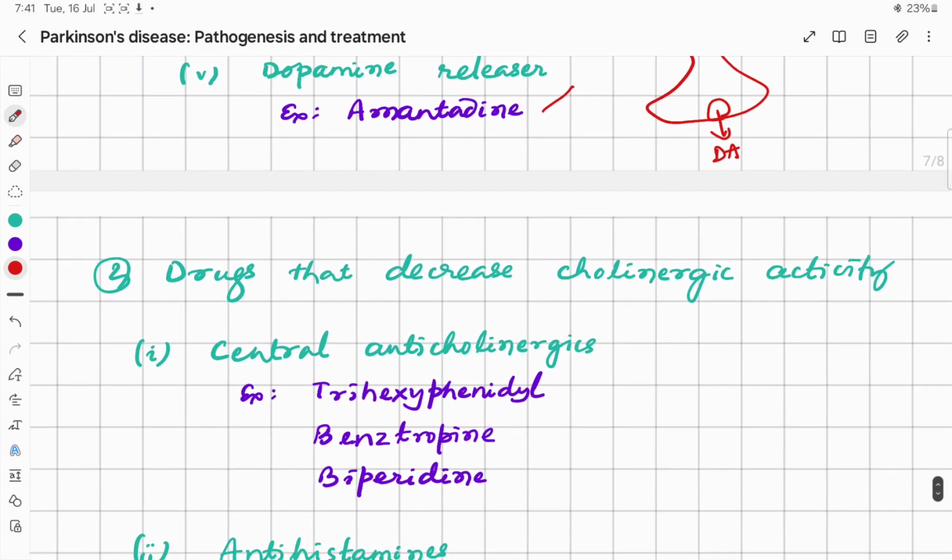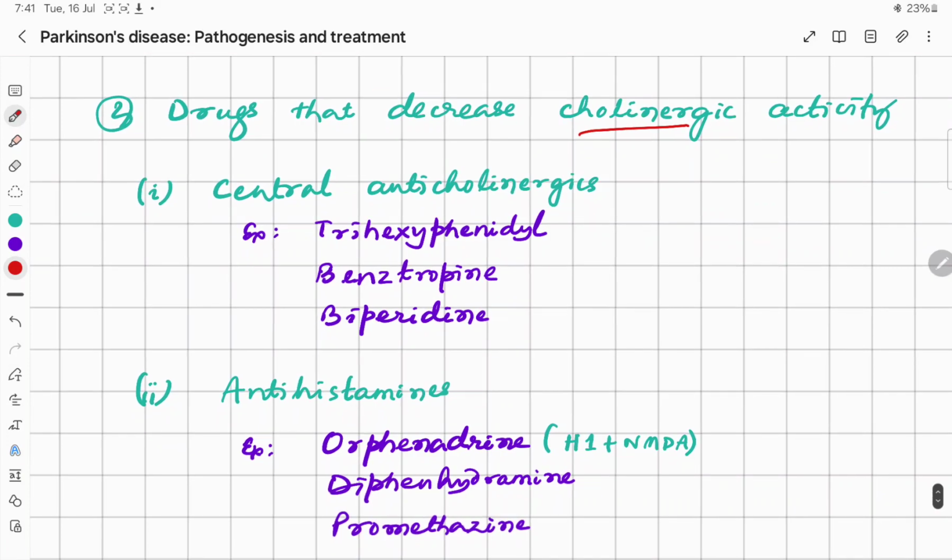As we have already discussed, there is loss of dopaminergic function, so there is increased cholinergic activity, so we can use drugs which can decrease the cholinergic activity. The central anticholinergics, which are antagonists of the muscarinic acetylcholine receptor: trihexyphenidyl, benztropine, biperiden, these drugs can be used.